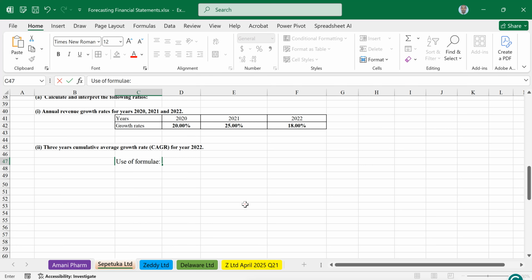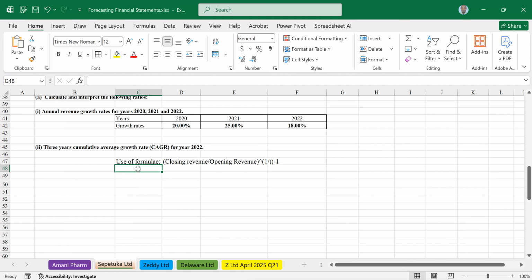You will take the closing revenue over the opening revenue, so closing revenue over the opening revenue, raised to power, open bracket, 1 over t, close bracket, then minus 1. That is use of formula.